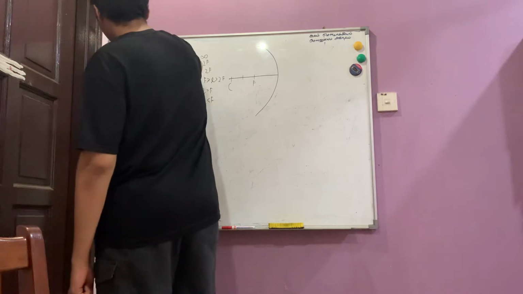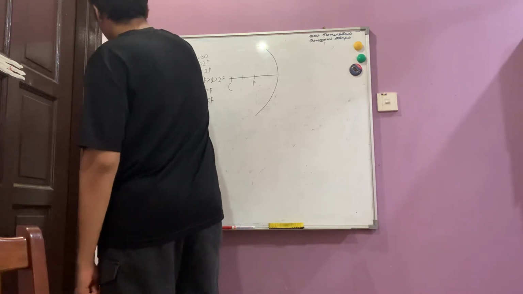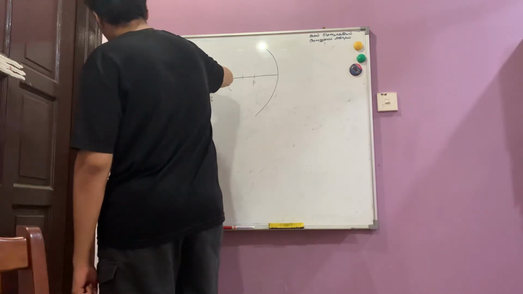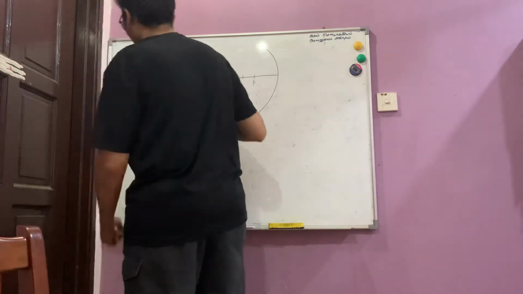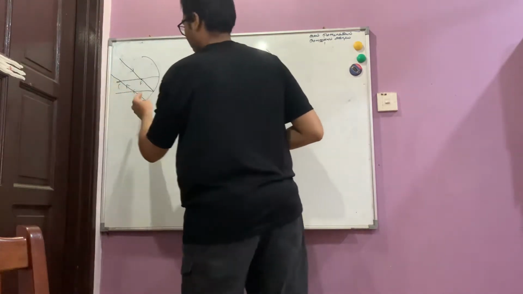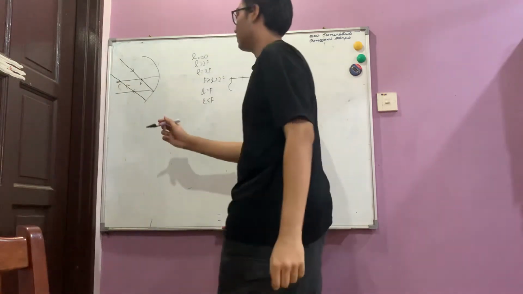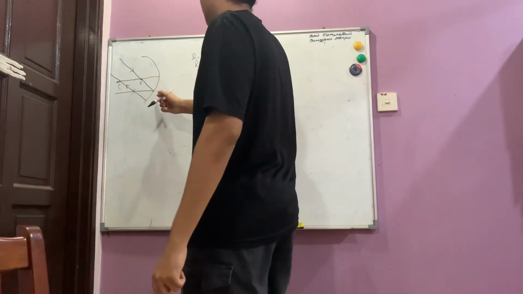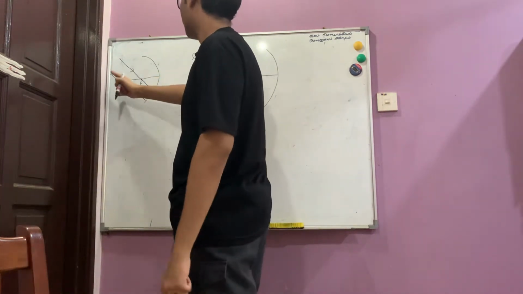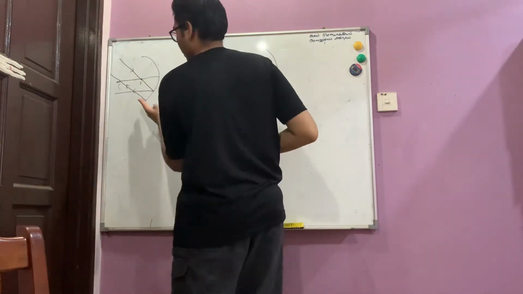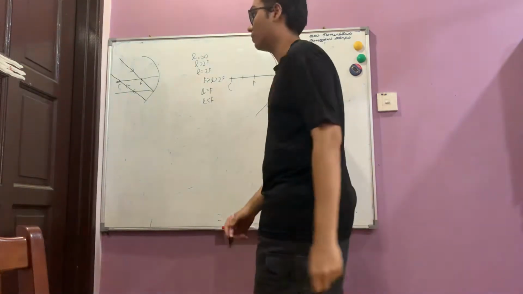Whereas if they come through the C, they have to go back in the same direction. That's how you're supposed to draw it.